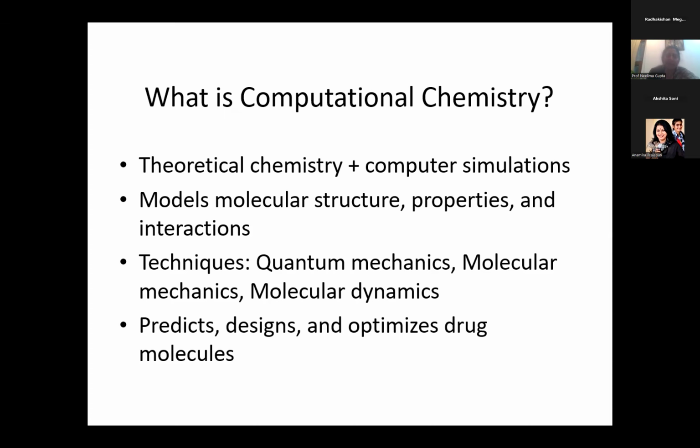And there may be the possibility of various conformations, various conformational isomers. So there will be a global minimum energy state, and then there might be some higher energy states also. And the properties of a molecule in the minimum energy state and the higher energy state may vary.